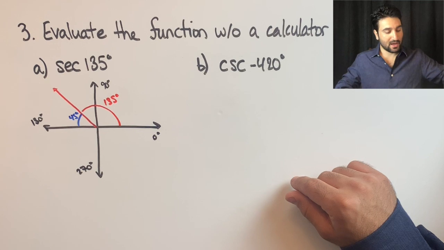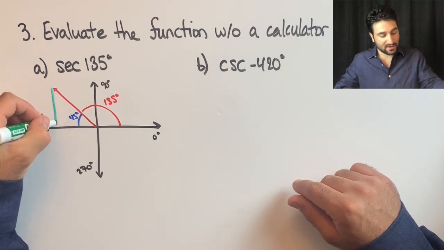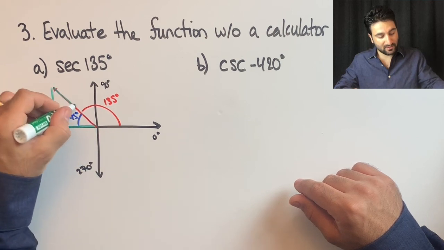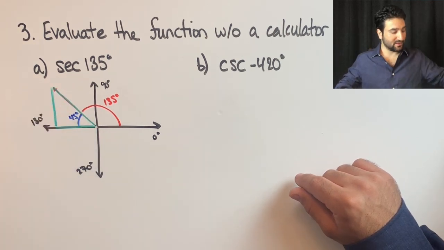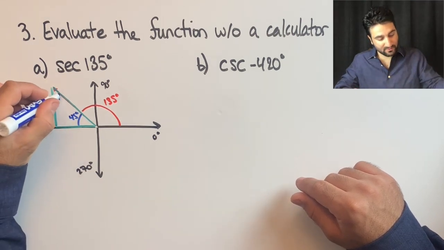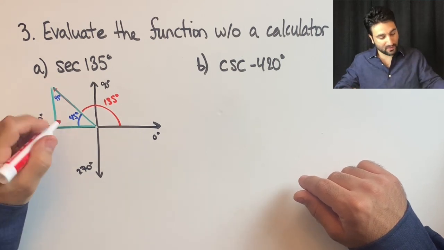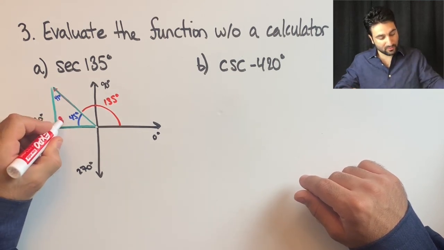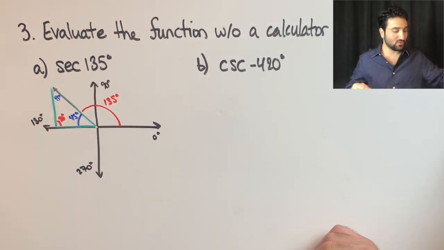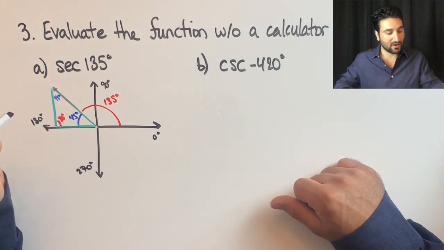The next step is to create a right triangle based off of this. So if this is 45, this has to be 45, and this is 90 here. You should have memorized, or at least have a reference to, the proportions of a 45, 45, 90 triangle.